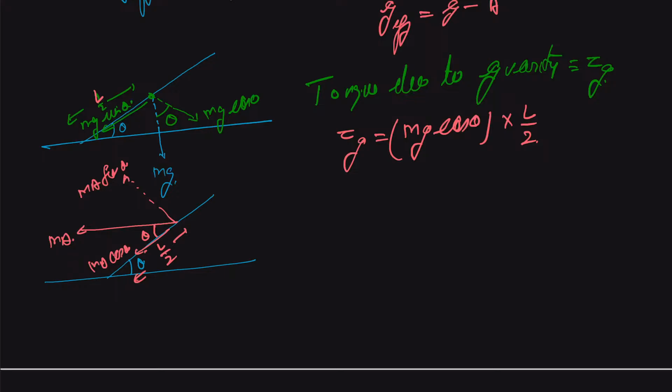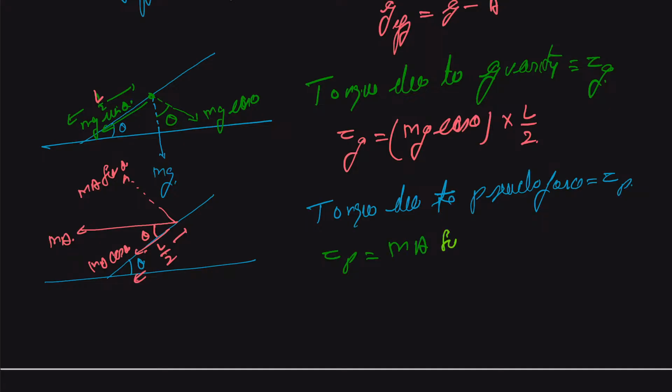Therefore the torque due to the pseudo force, let us call this tau p, will be equal to ma sin theta multiplied by the lever arm L by 2.